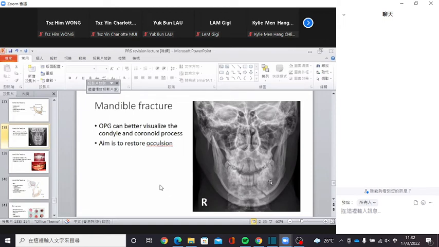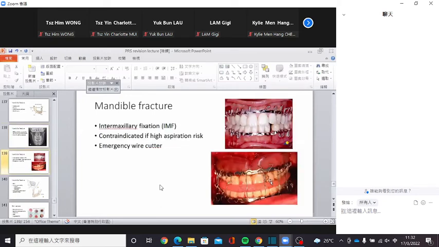So the aim of ORIF for mandible fracture is to restore the occlusion. There are various ways to fix a mandible fracture. This one is the intermaxillary fixation. It could be done under local anesthesia by the dental surgeon as well.